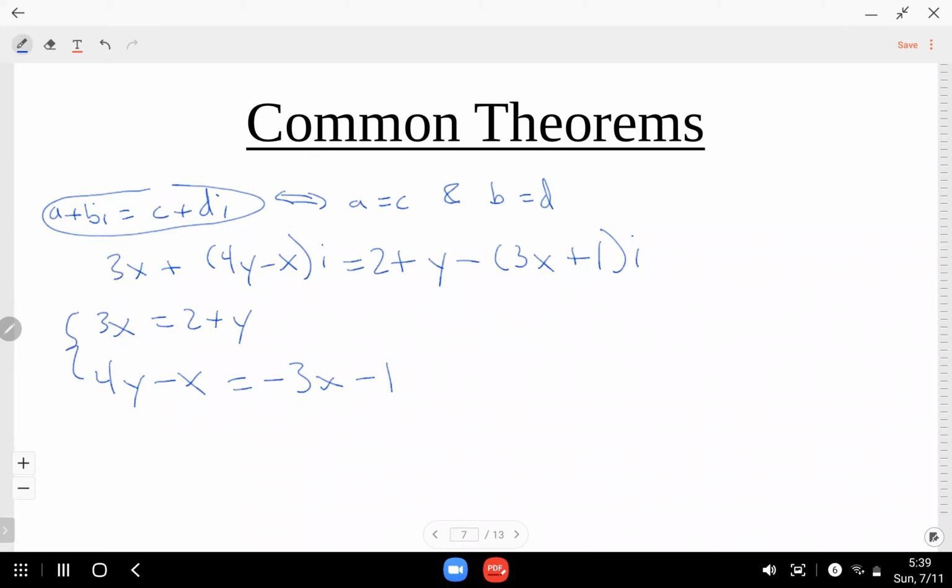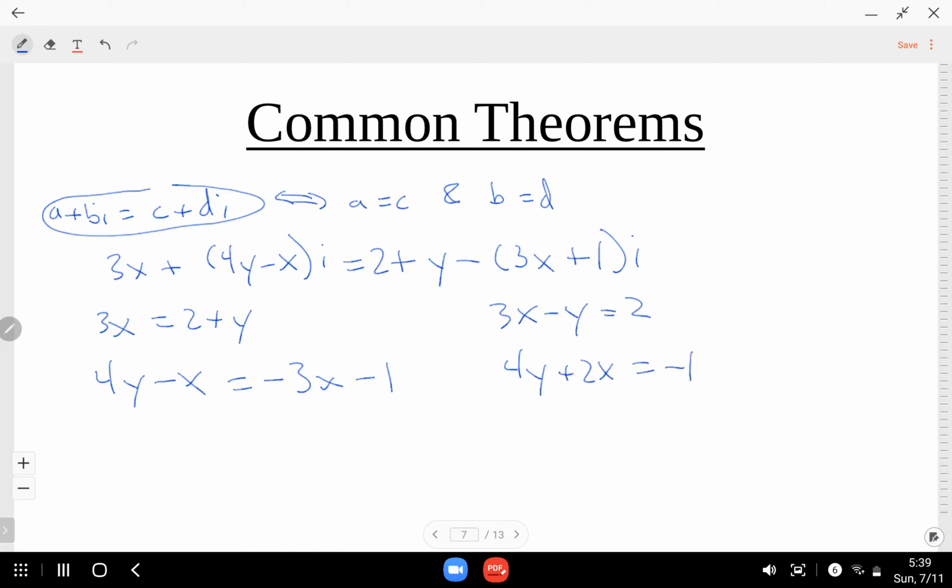Everybody knows how to solve systems of equations, right? Basically, all you need to do is put this in a way that you would solve it easily, like 3x minus y equals 2, and then 4y plus 2x equals negative 1.